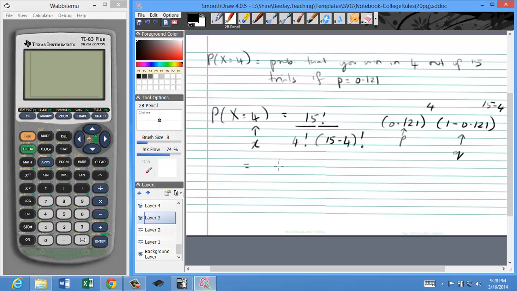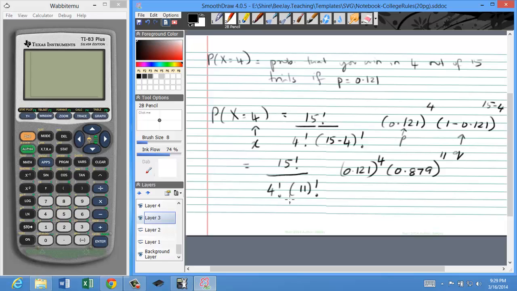That would give me 15 factorial over 4 factorial times 11 factorial, times 0.121 raised to 4 times 0.879 raised to 11.